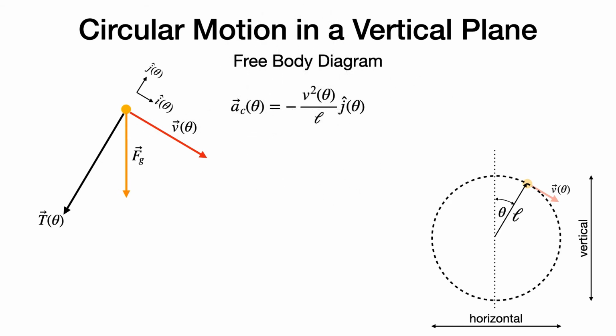Now, the centripetal acceleration can be written with the usual formula, but the speed will be a function of theta, and the direction will also be a function of theta. The tension will be minus the magnitude of the tension in the j hat direction, but again, the actual direction and the magnitude will depend on theta.